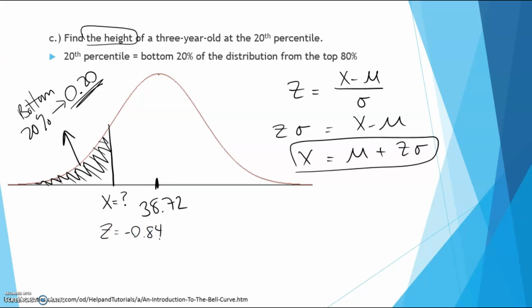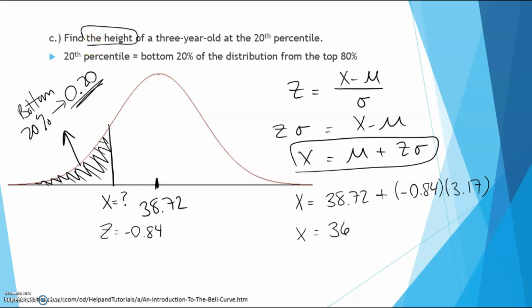So I have everything that I need to plug into this formula. I have x is equal to my mean, 38.72, plus a z-score of negative 0.84 times 3.17. Okay, so that should give us a value of 36.